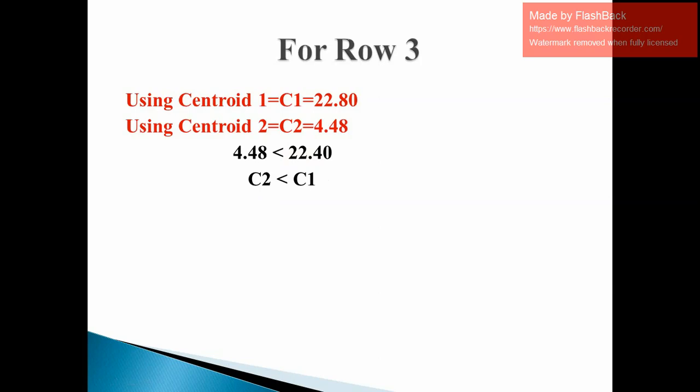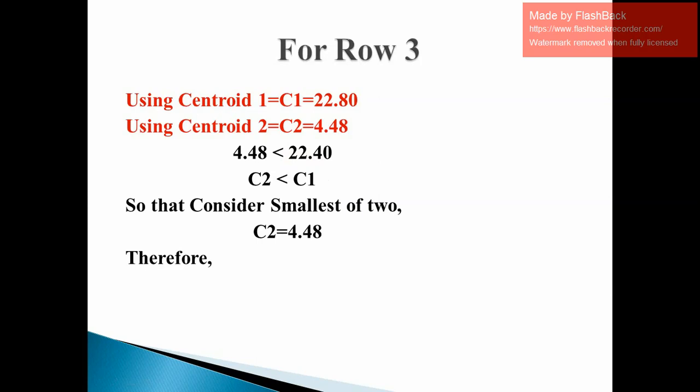So by using the equivalent distance, we are using those centroid points which are nearer or closer, or which are smaller. So C2 is less than C1, so we are considering the centroid C2. So it will be 4.48.